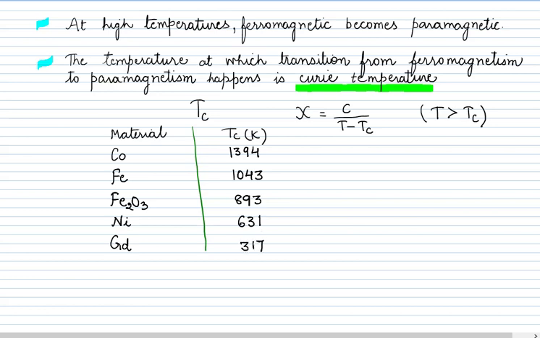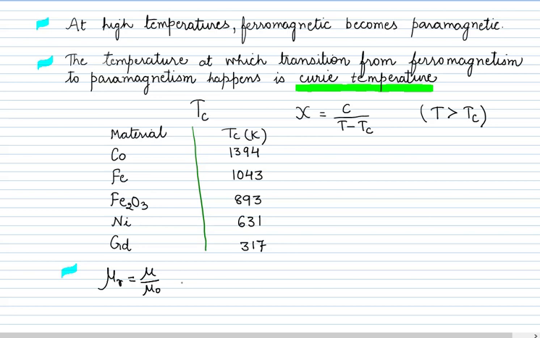So these are different examples of ferromagnetic materials. Before this temperature, and above this temperature they behave as a paramagnetic material. Now, as we know, for the paramagnetic materials the relative permeability is very much greater than 1. We have just studied the 3 types of magnetic materials, and for the paramagnetic materials, mu is very much greater than mu naught, because we defined relative permeability as mu upon mu naught.